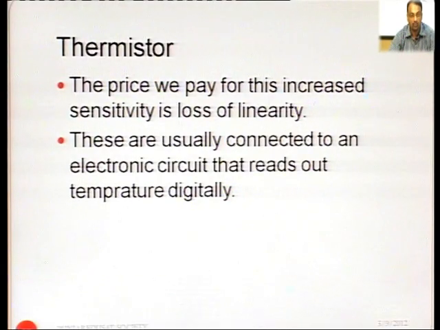That means output always follows the input. This is known as sensitivity. But to get this high sensitivity, we lose linearity in this case. These types of thermistors are usually connected to an electronic circuit that reads out the temperature digitally.